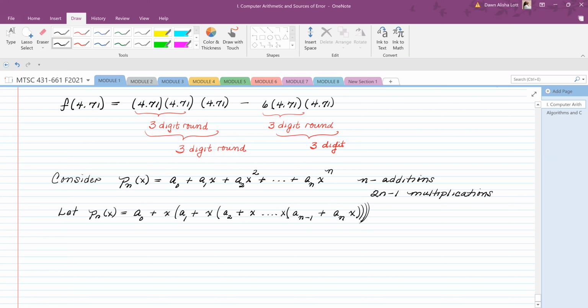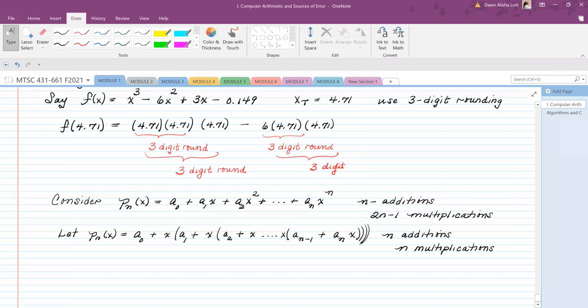Okay. So now we have n additions and n multiplications. Can you see how many times we had to round and lose information in the first calculation?